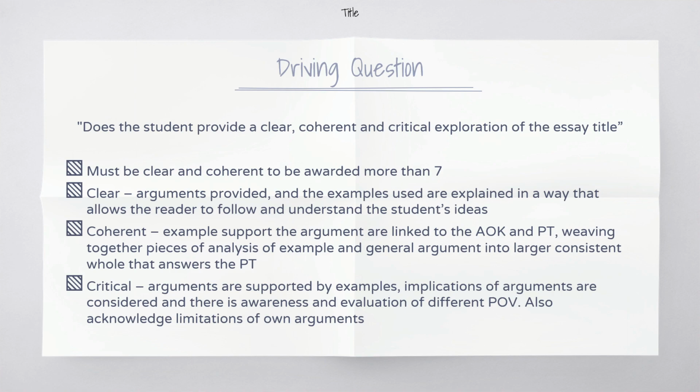Your critical element refers to how you are supporting your arguments by examples, making sure you're considering the implications of the arguments, and that you have awareness and evaluation of different perspectives. You may also, as a part of this, acknowledge some limitations of your arguments.